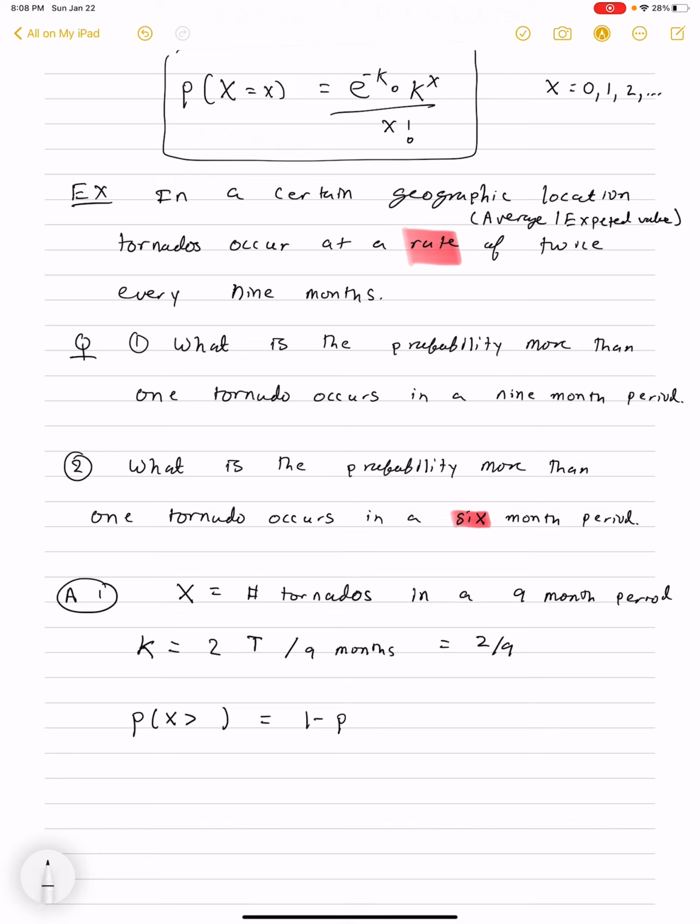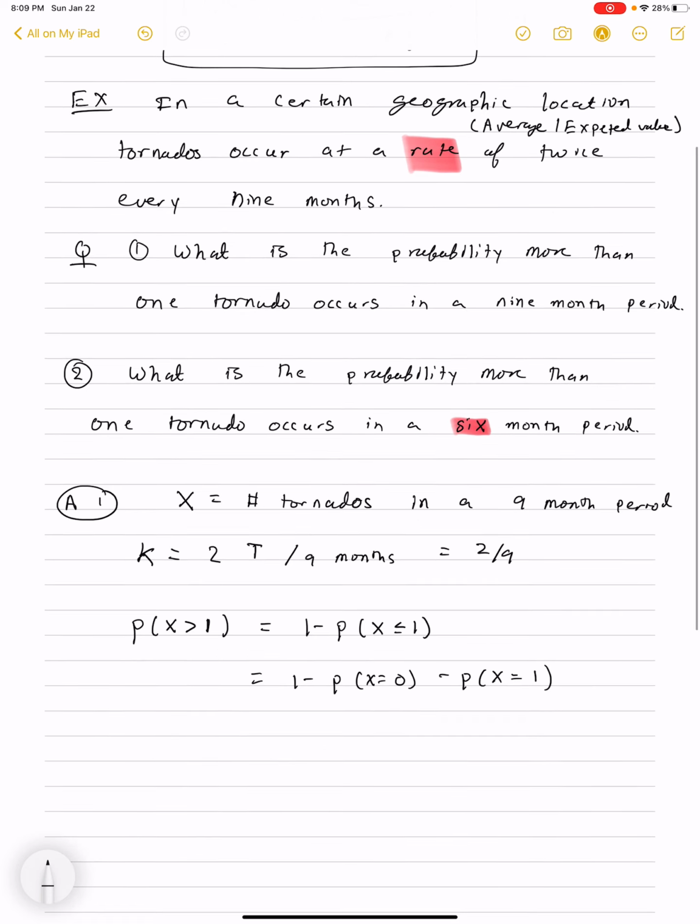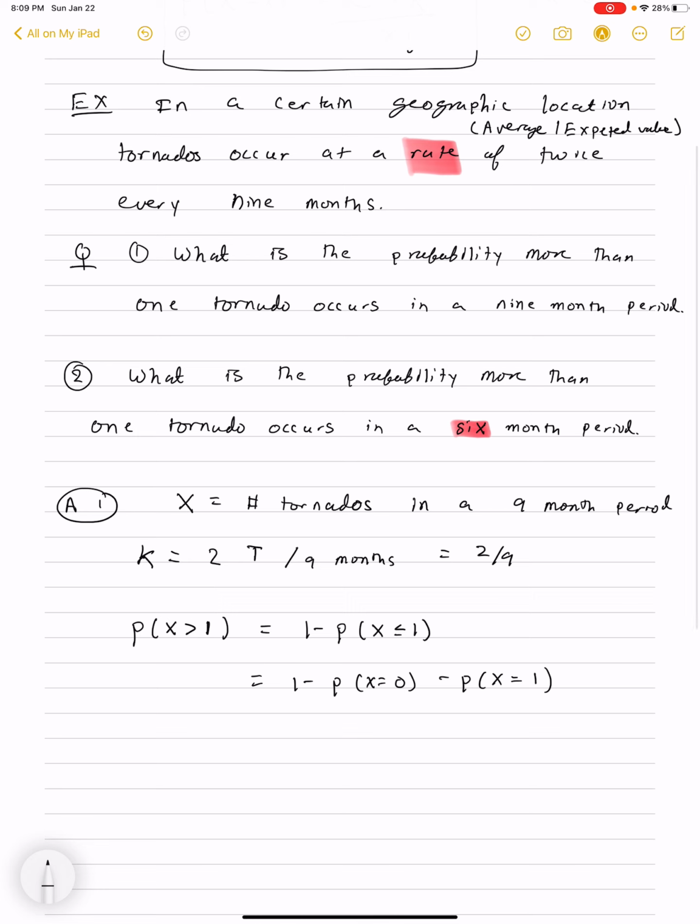This should be the probability x is bigger than 1, more than one tornado. And using the complement rule, it would be 1 minus the probability that x is 0 minus the probability x is 1. Okay, now that we have these probabilities, we know the value of k.